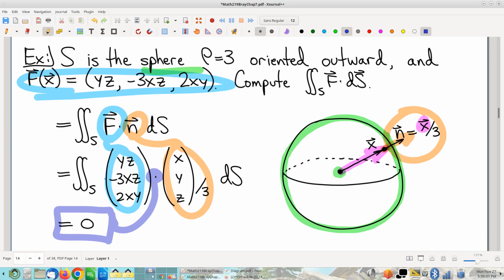So now I will point out, you won't always get this lucky, even if you have a sphere. I mean, sometimes, often even, the dot product won't be 0. But it still might be a constant. If it turns out to be a constant, then you can just say, oh, okay, well, I'll multiply the area of the sphere by that constant.